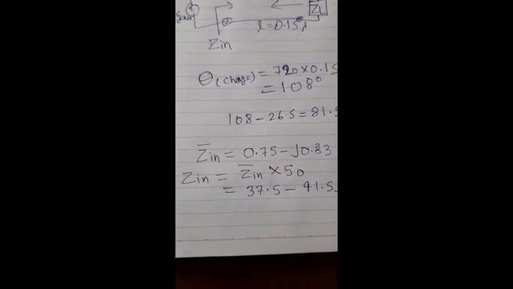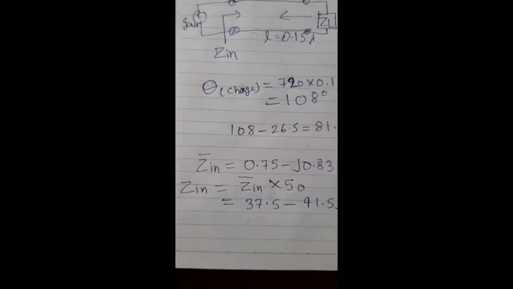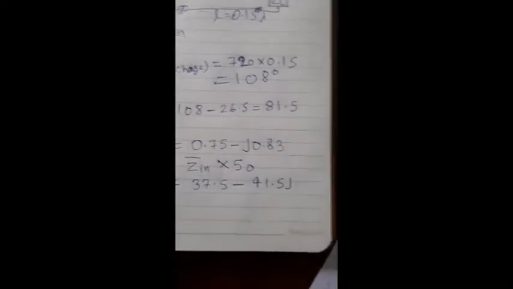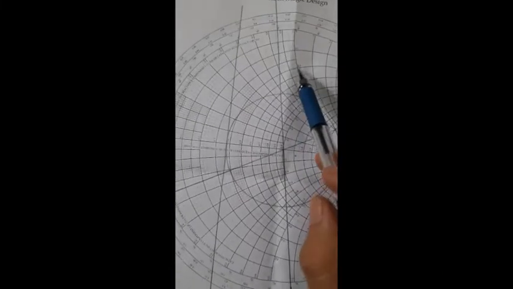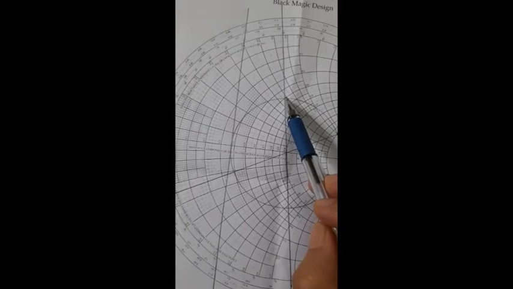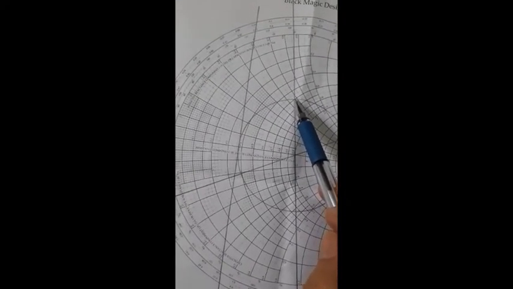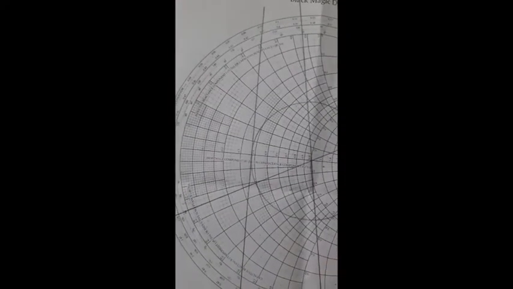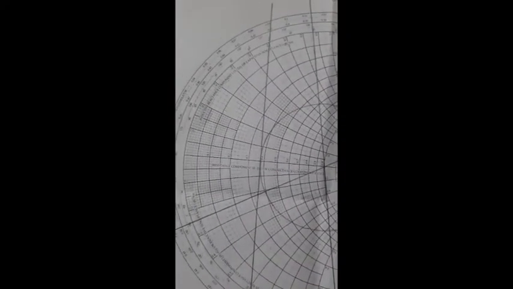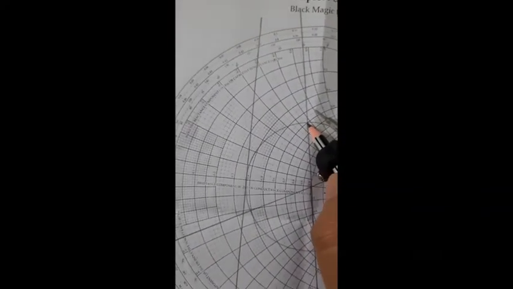In the next step we need to find the Yin value. Similar to finding the YL value, we now see where at the opposite end it cuts the circle, right? So suppose this is the circle, and if we point it out, we need to find those values.